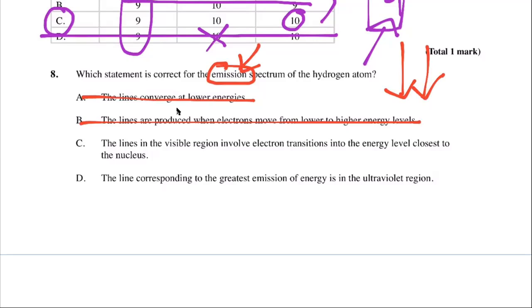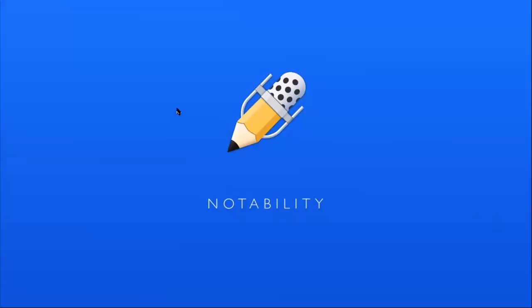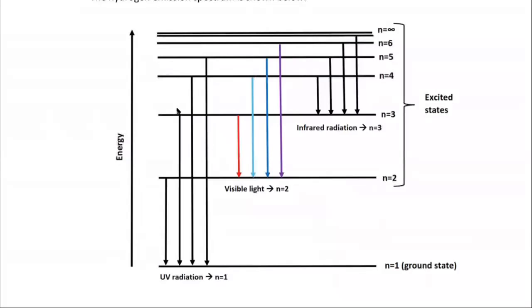C says the lines in the visible region involve electron transitions into the energy level closest to the nucleus. For that one, if you picture this diagram, the visible ones are right here. These are the visible ones. The other ones are UV or infrared, okay?